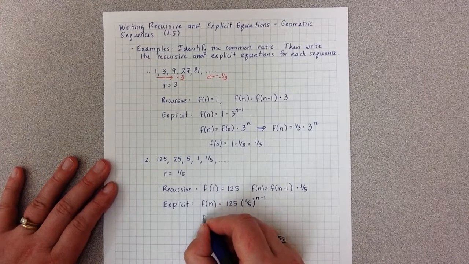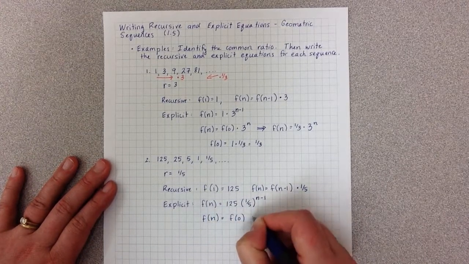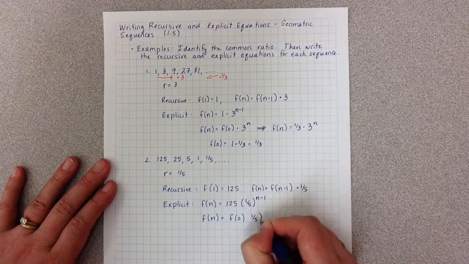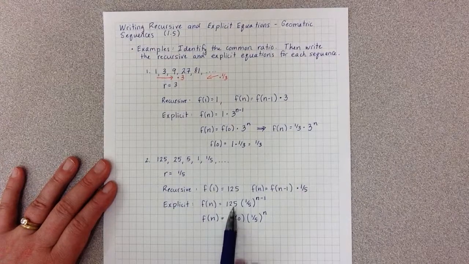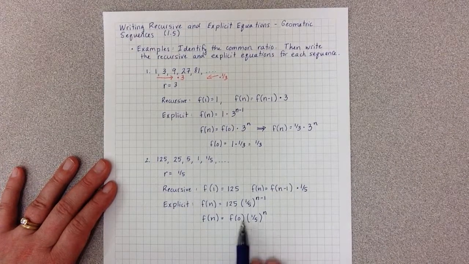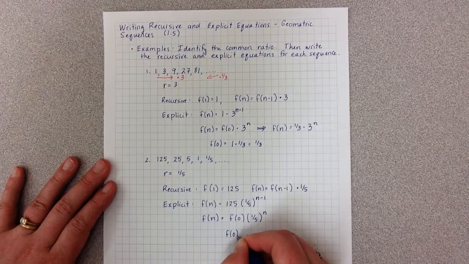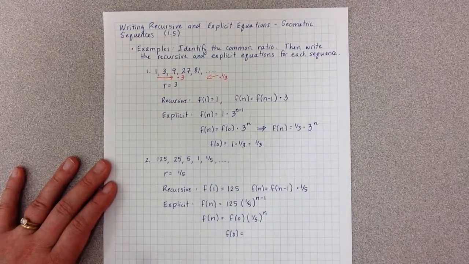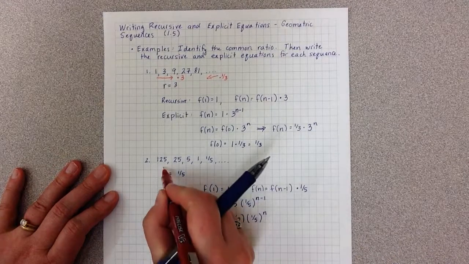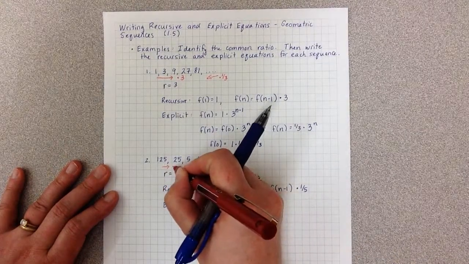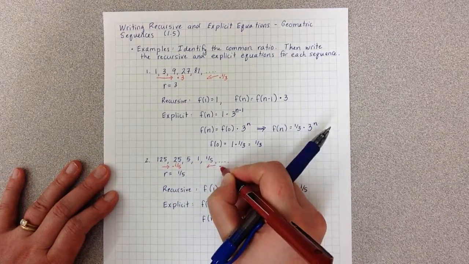The other way to write the explicit is to say, I don't want to worry about fixing my power. Instead, I want to worry about fixing this term. And so I need f of 0. So we say, well, f of 0 is going to equal my first term going backwards. So going forwards, we multiplied by 1/5. So going backwards, we multiply by 5.